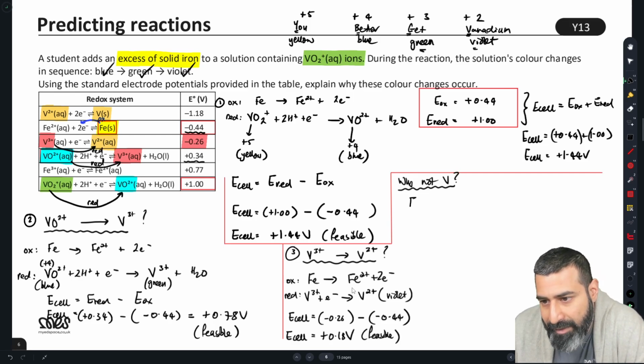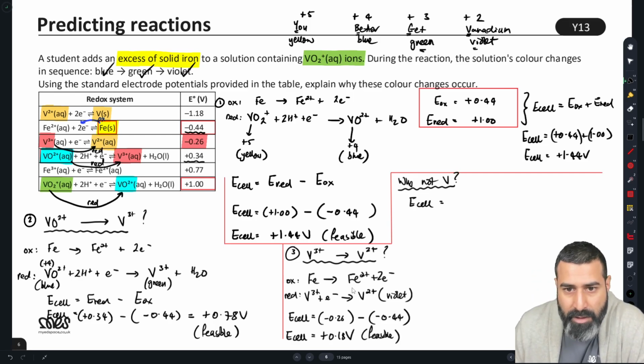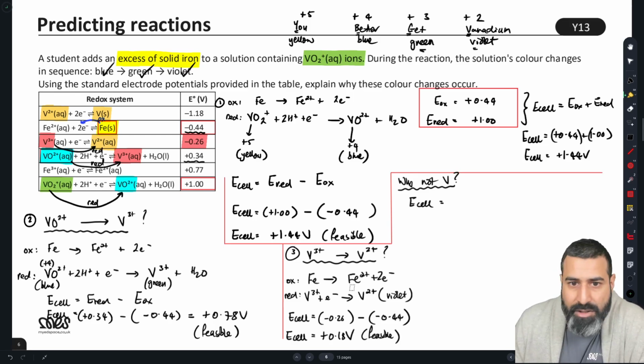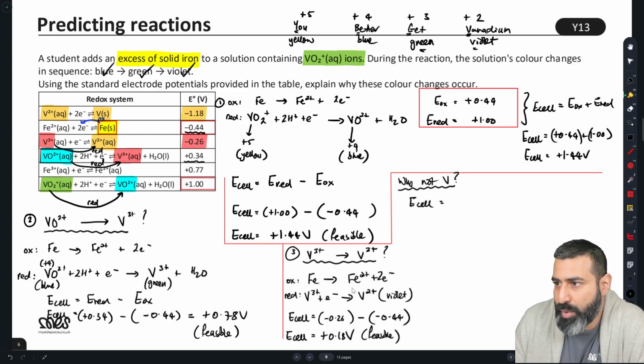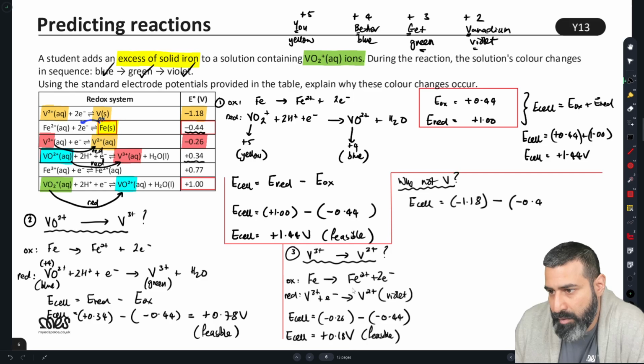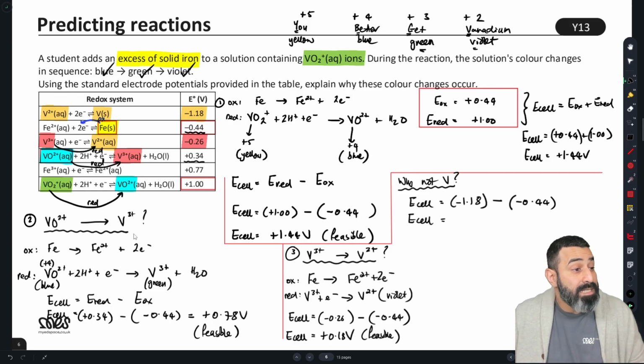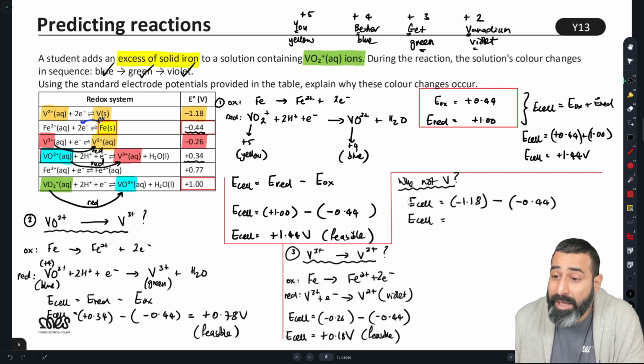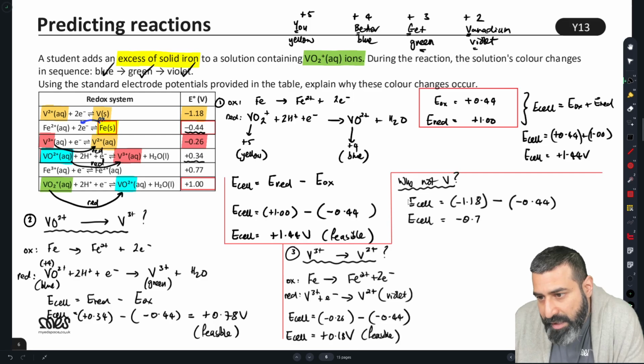Because if we were to calculate E cell for that reaction, it would be the reduction, which is minus 1.18, minus minus 0.44. So E cell would be a negative value. We get a value of minus 0.74 volts, so not feasible.